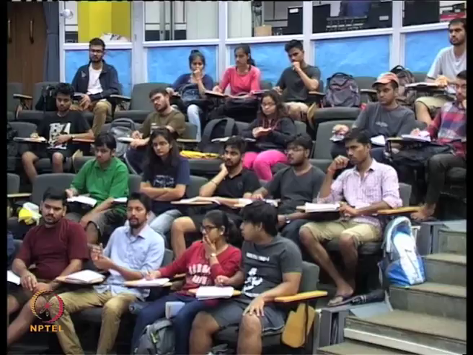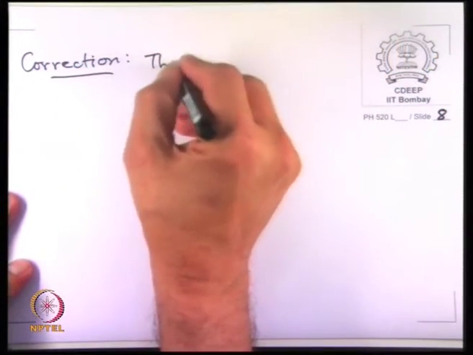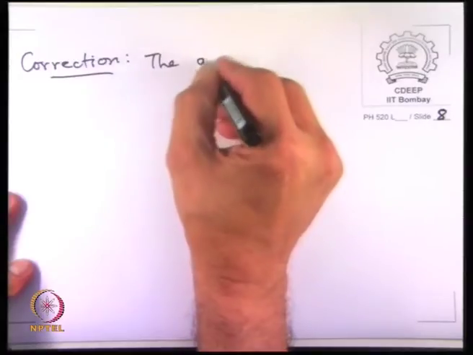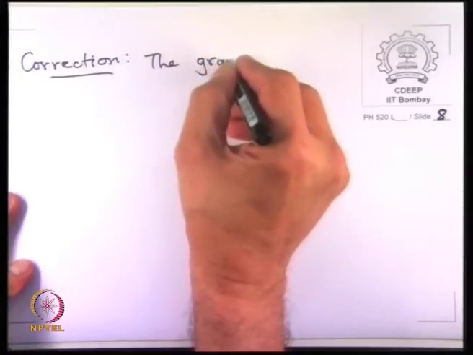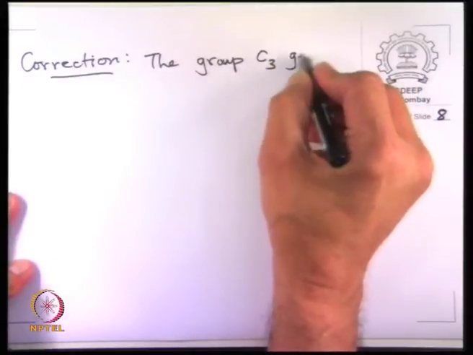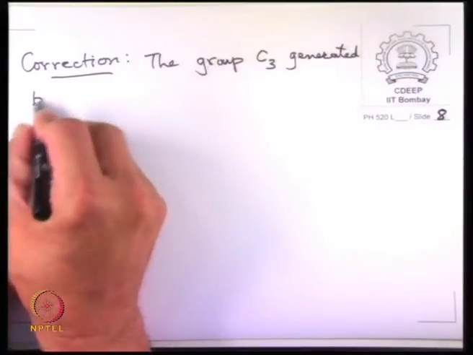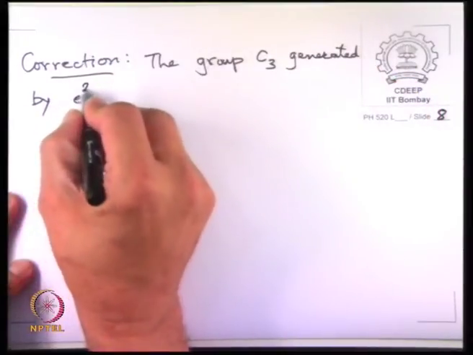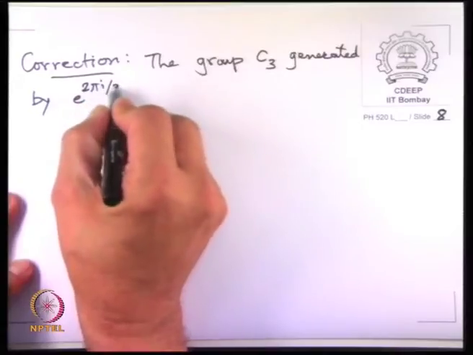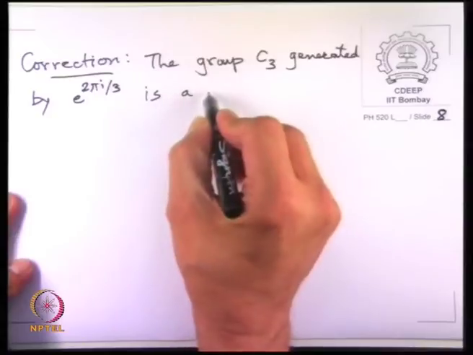The next group we want to look at is called the 4 group. The cyclic group Z3, generated by e to the 2 pi i by 3, is a group of order 3.